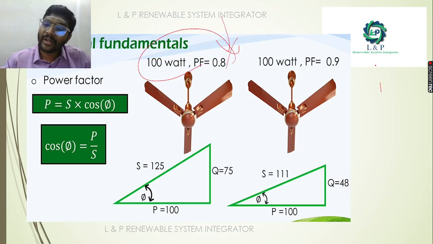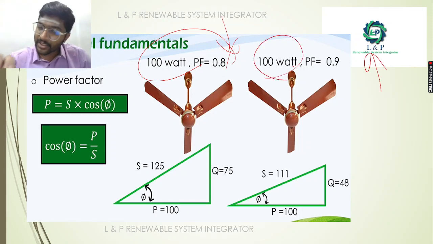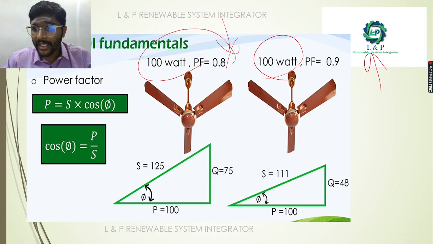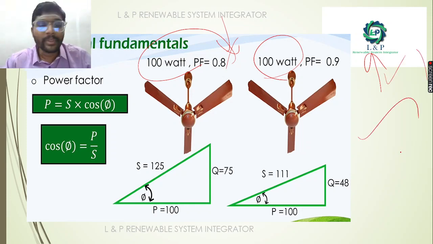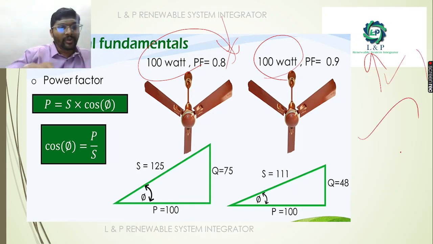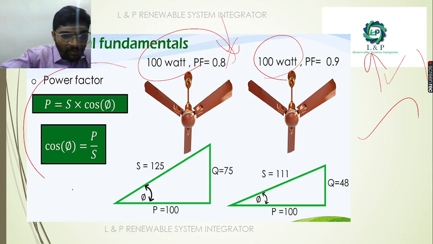But when your power factor is 0.9 for the same 100 watt fan, the efficiency is good and the performance is going to be good. So if you want to calculate the power factor, you can use these formulas.